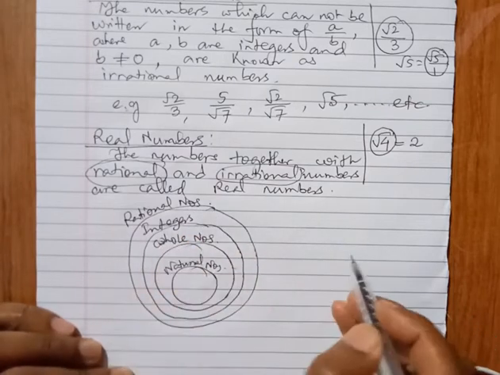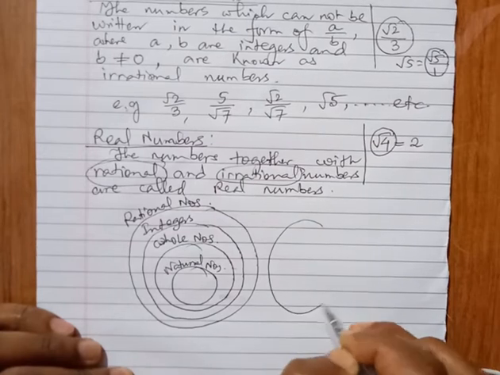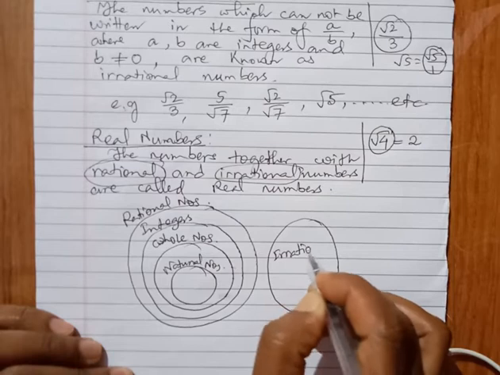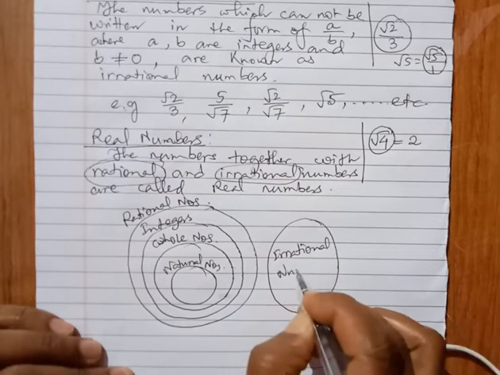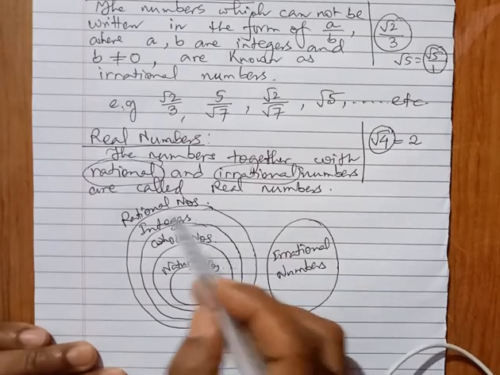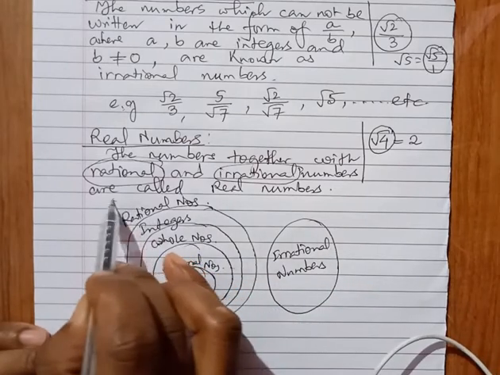And the opposite of rational numbers is called your irrational numbers. And now see these rational and irrational numbers together.